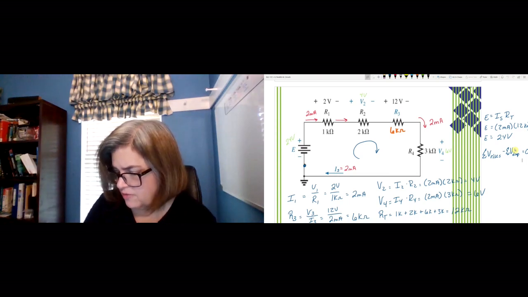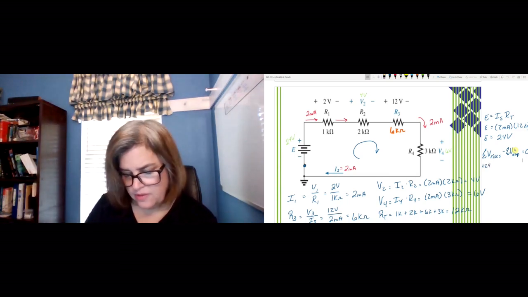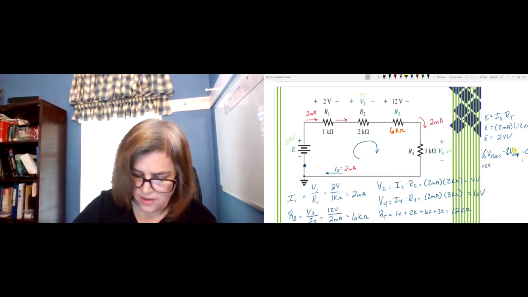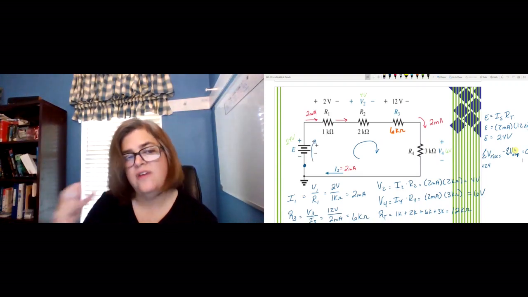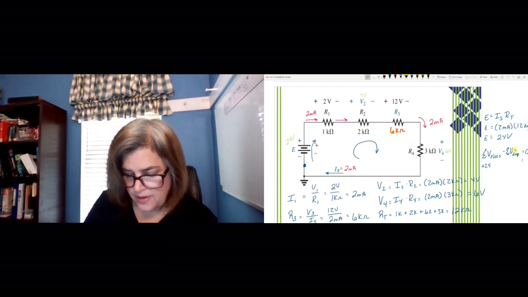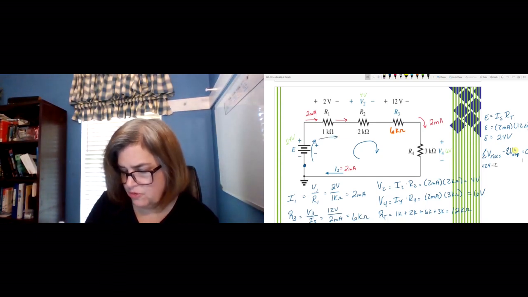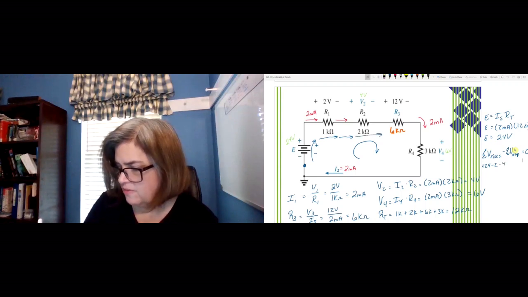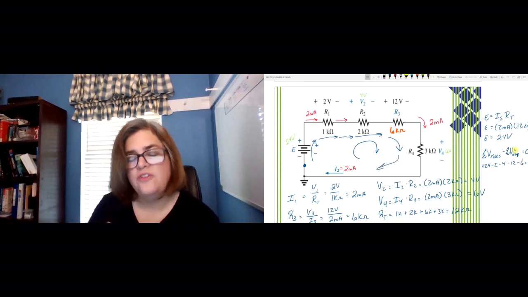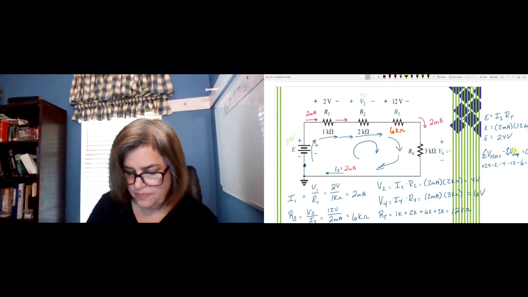I'm going to add my 24 because going in that clockwise direction, that is going from minus to plus, so that's an increase in voltage. And here we're going to see a drop in voltage, so I'm going to subtract my 2, I'm going to subtract my 4, I'm going to subtract my 12, and my 6, and that should equal 0 as I get back to where I started with this.